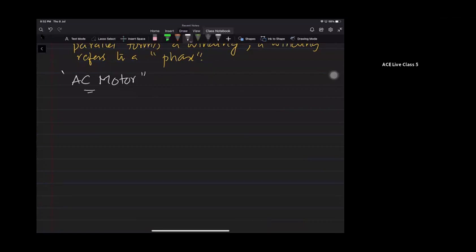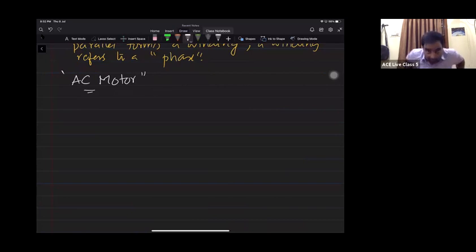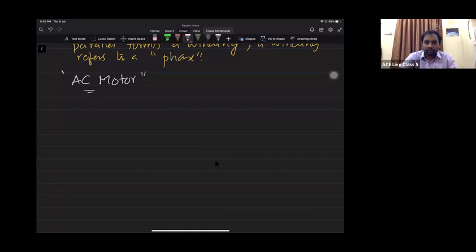Yes, so first let me see the questions from this box. Full pitch means if the angle between the two conductor sides is 180 degrees, that is full pitch.